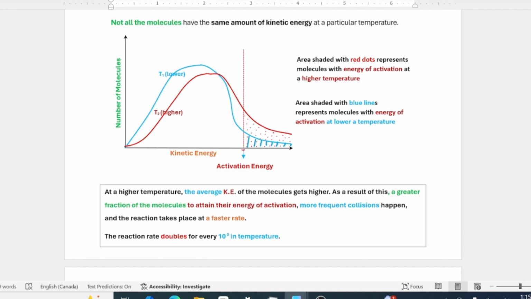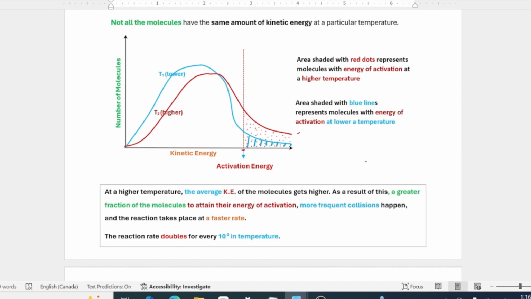However, at a higher temperature, we can see that there is a shift in the curve. But the area under both curves is the same. Only that in this case, there's a shift in the average kinetic energy of the molecules of the system. Because of that shift, look what happens. All these molecules that are shaded by these red dots here, including this area here, will be capable of reacting.